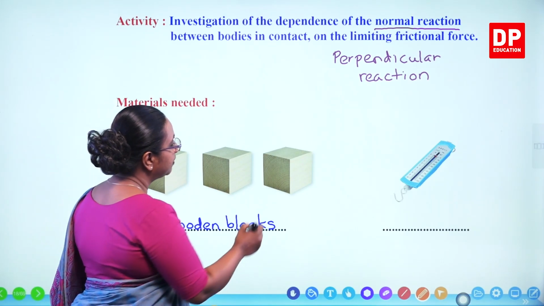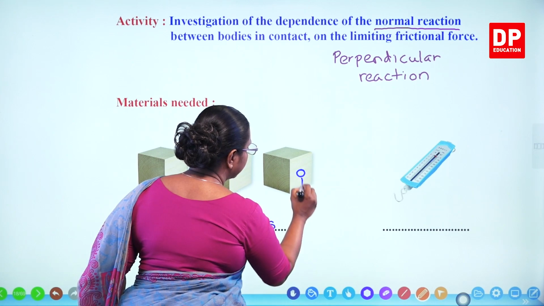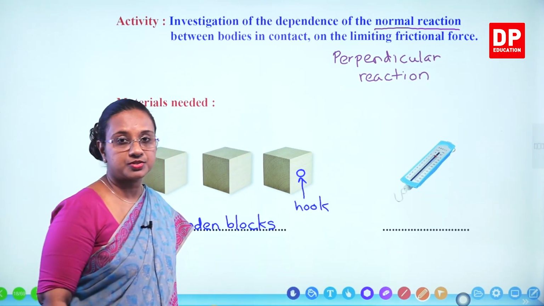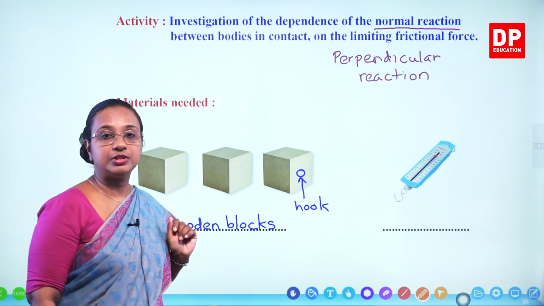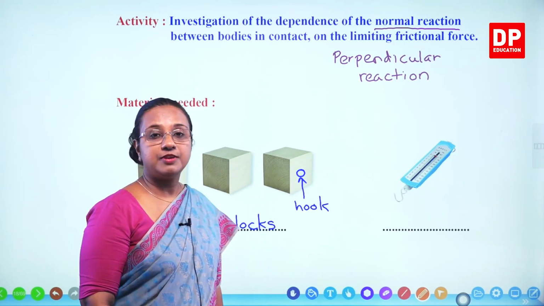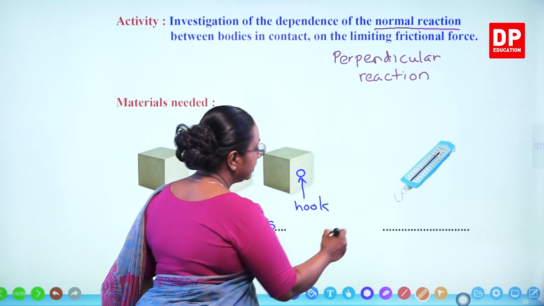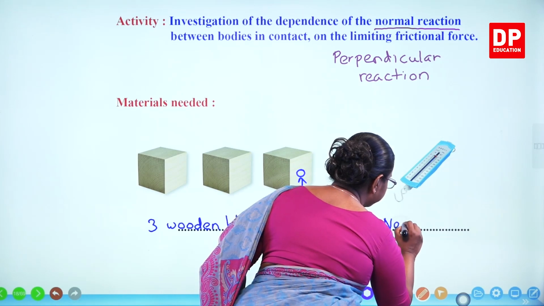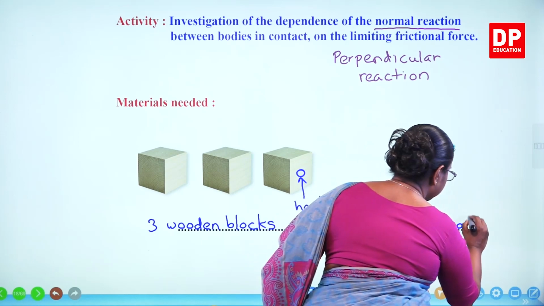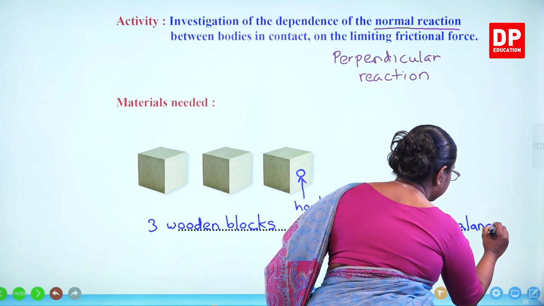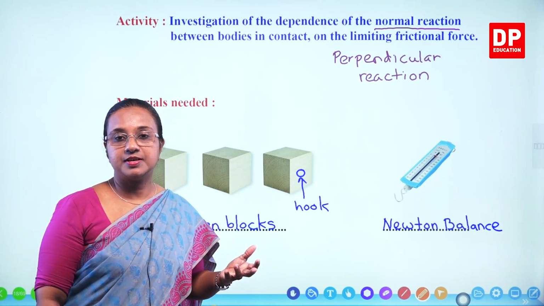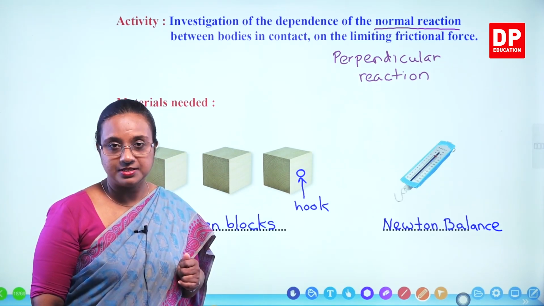And as we have done before, we will need to attach a hook to one of the wooden blocks. We don't need to attach hooks to the other blocks. And to read the limiting frictional force, we need a Newton balance. And also we will need a horizontal surface to do this activity.